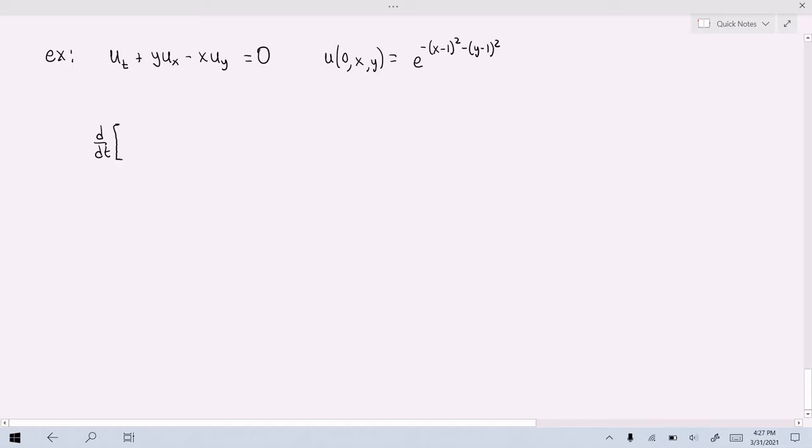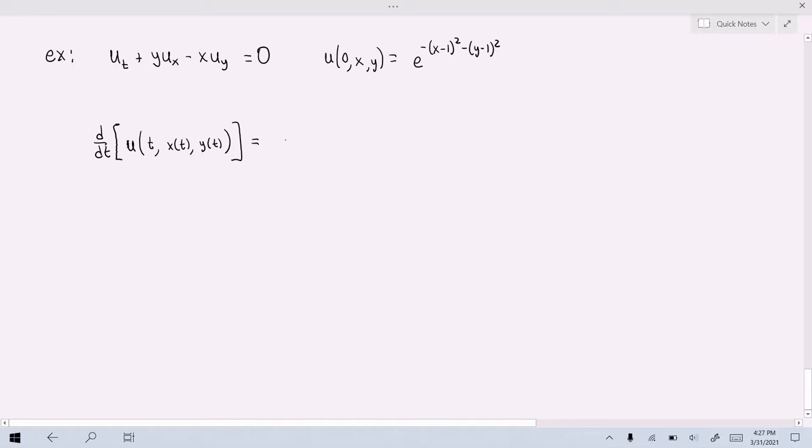So let's examine the chain rule for differentiating something of the form u of t, x of t, and y of t. That will look something like this.